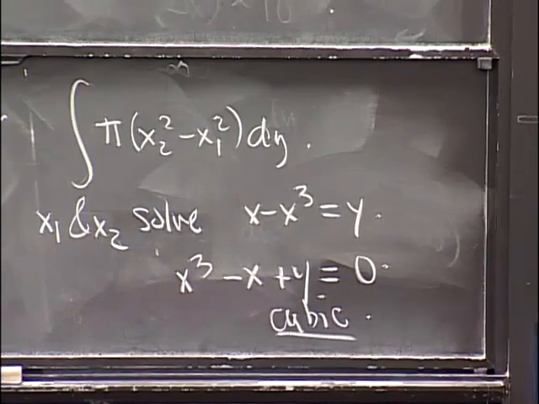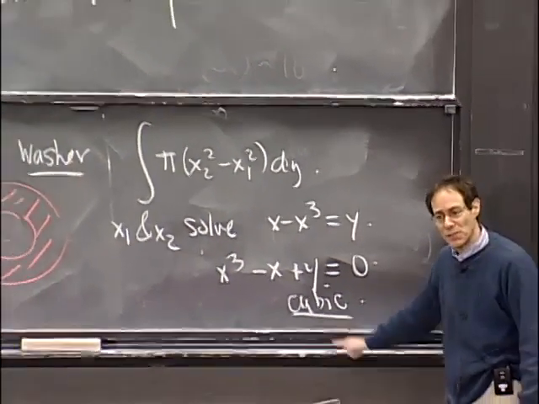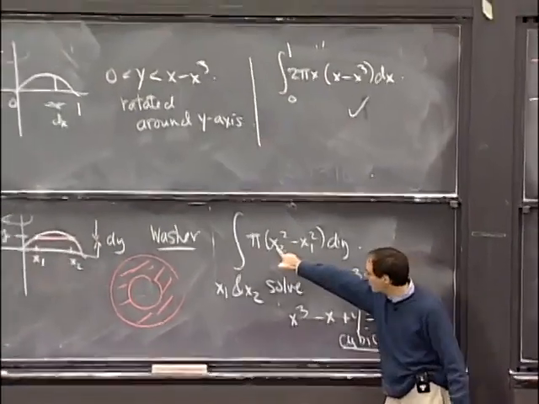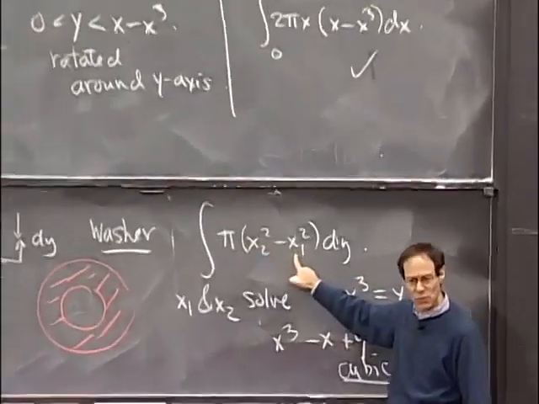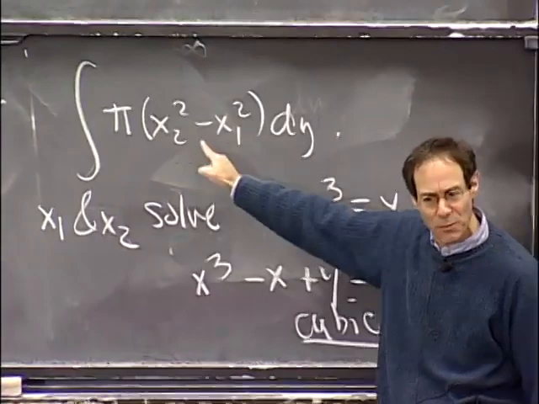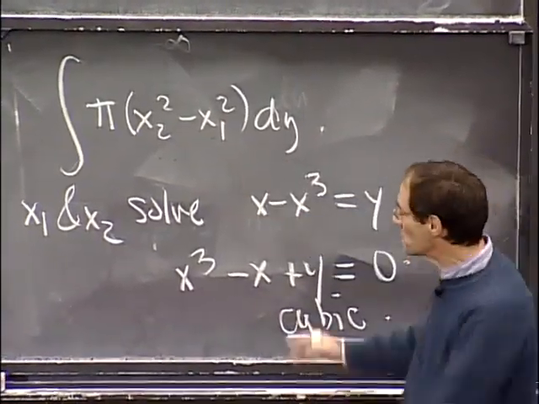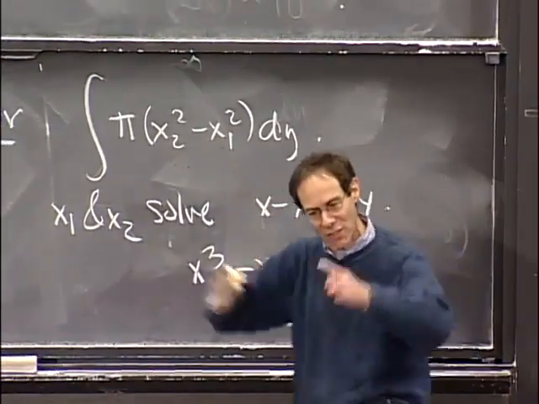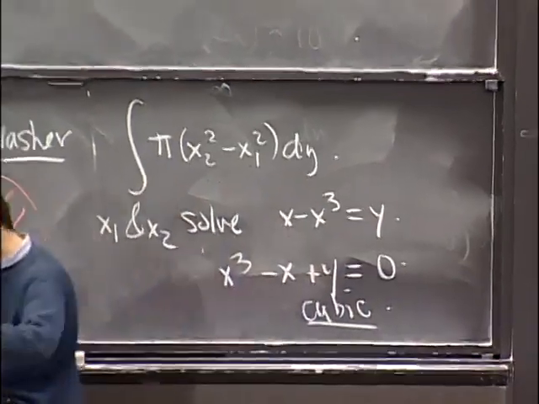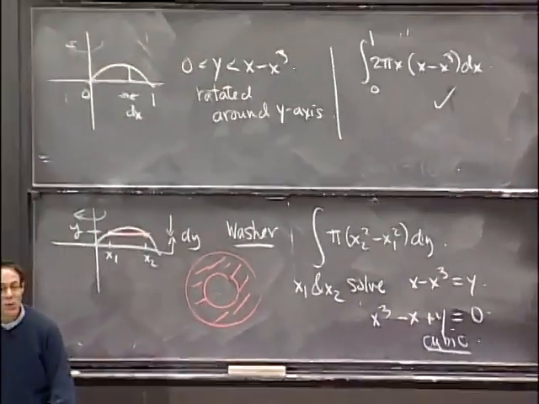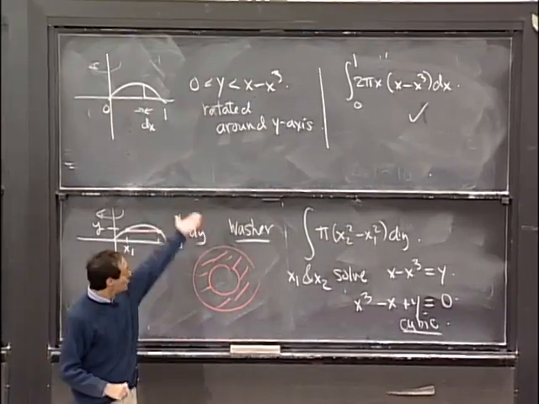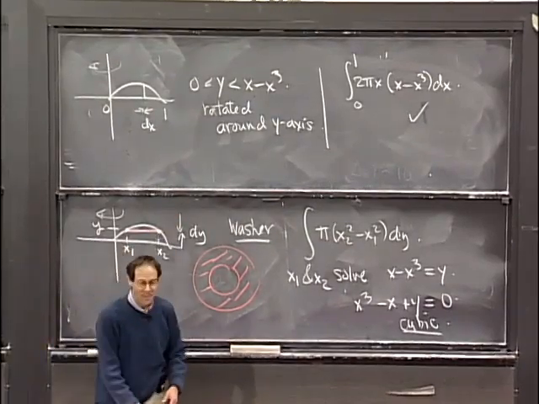Although there is a formula for this, you've never been taught the formula for this equation. So therefore, you will never, ever be able to get a formula for x2 and x1 as a function of y, and you'll never be able to compute this one. This is more than just a dead end. It's like crash, burn, and self-destruct. So do the other way. Good luck, folks.